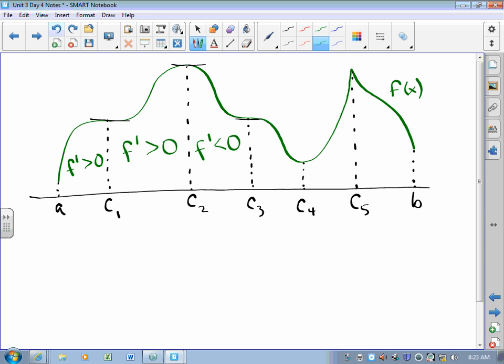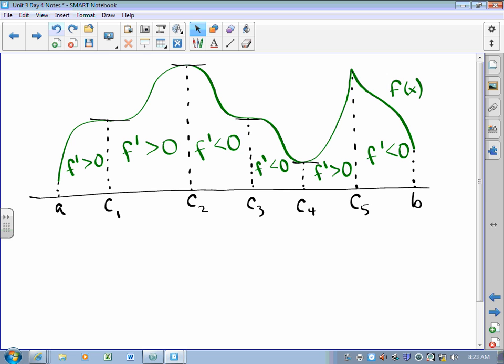How about between C3 and C4? Well, f prime is again negative. So we've got a flat tangent at C4, and between the flat tangents at C3 and C4, f prime is negative. Then between C4 and C5, f prime is positive, and between C5 and B, f prime is negative.